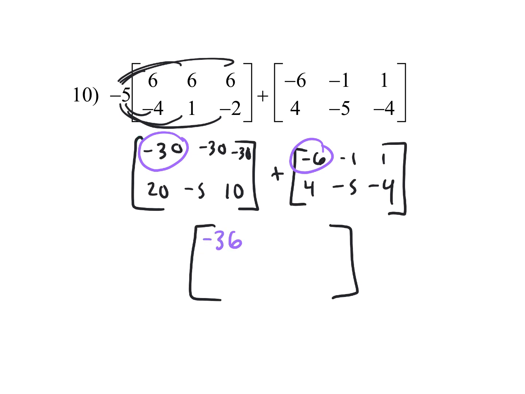Perfect. Steven, what should I do next? -30 plus -1, which would be? -31. Awesome. Julia, what should I do next? -30 plus 1 is? -29.